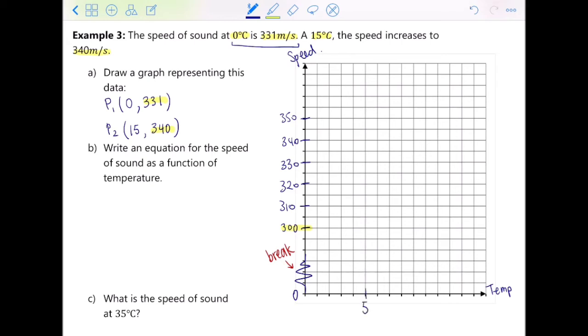All right, so let's take a look at when temperature equals 0, and then we go up by 5 here, and 10 here, and then 15 here. So for temperature, we're going up by 1. So when temperature equals 0, speed is 331. So at 0, 331 here.